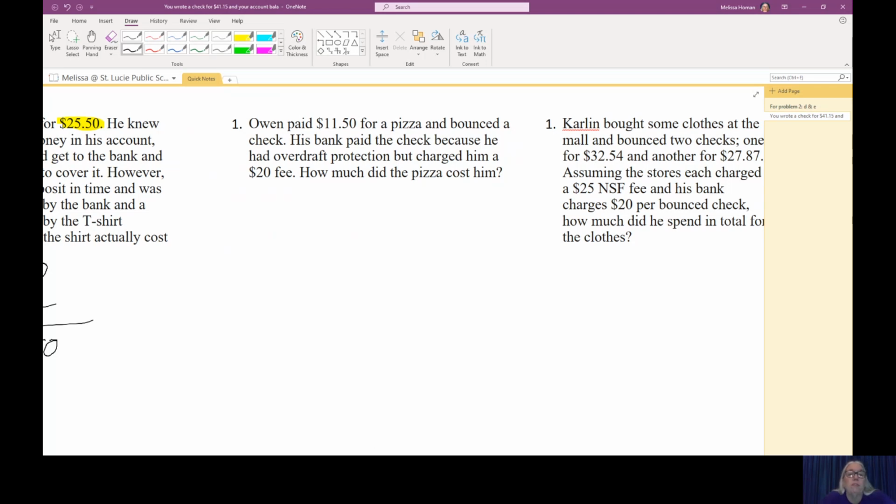Owen paid $11.50 for a pizza and bounced a check. His bank paid the check because he had overdraft protection, but charged him a $20 fee. How much did the pizza cost? So the pizza definitely costs $11.50, but in addition to that, Owen will pay $20 more. So if we add that, again, pause if you want to do the setup yourself.